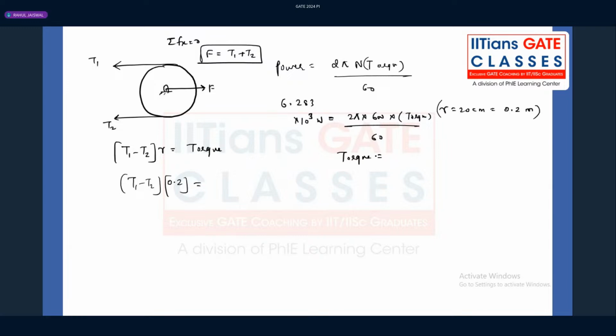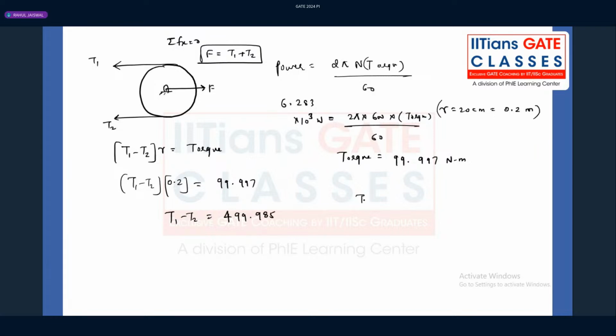The torque value will be 6.283 into 1000 into 60 over 2 pi over 600. If you calculate, it is about 99.997 Newton meter. So T1 minus T2 would be, you can consider, 499.985.